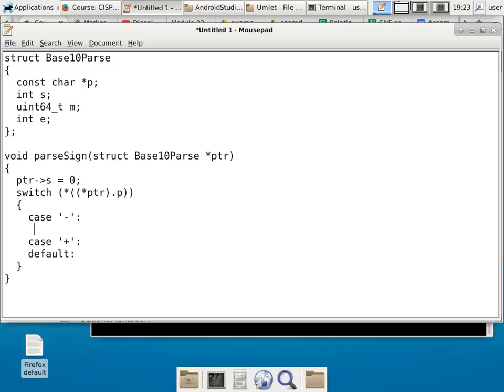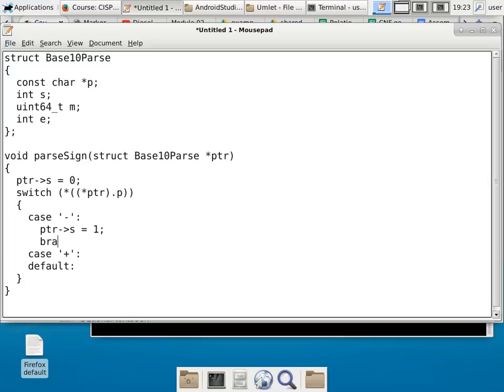The minus symbol means that we are dealing with a negative number. So we'll say the sign is basically a 1. The bit to represent the sign is going to have a value of 1. And do not forget about the break statement in a switch statement. And then in this case, and also the default case, I really don't have anything to do.